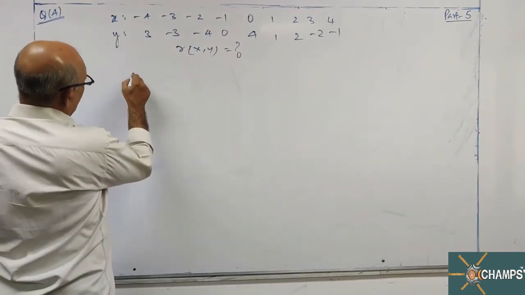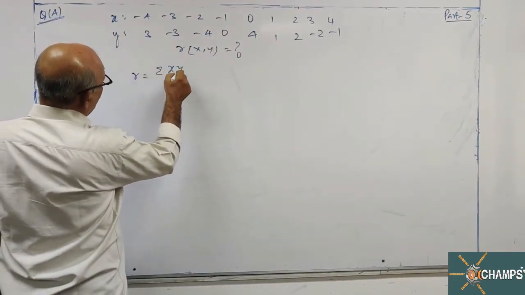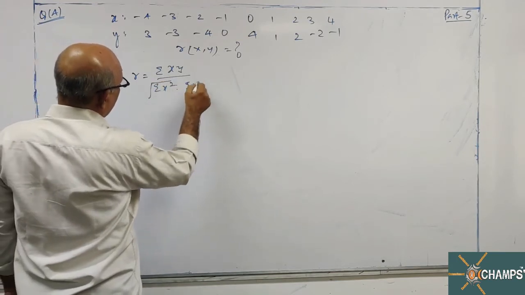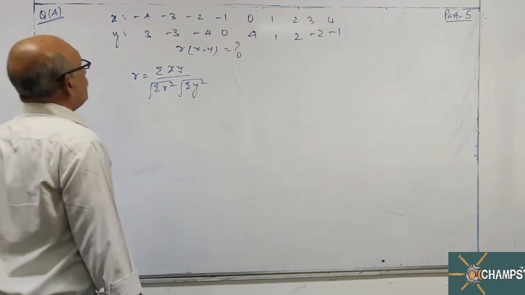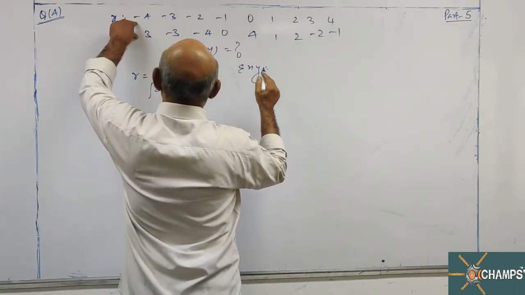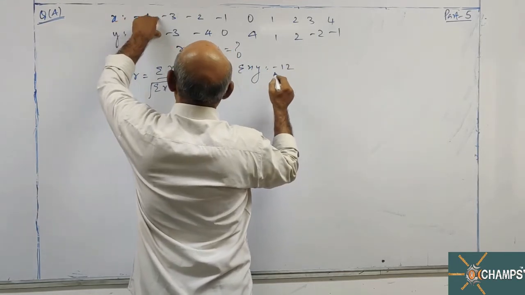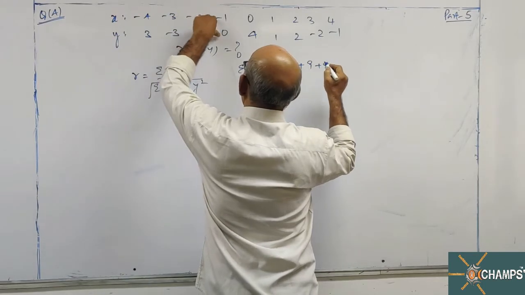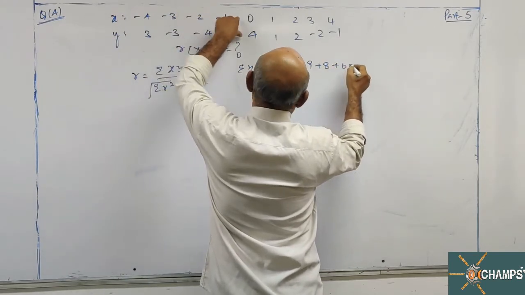Now sir, R is equal to summation of small xy by summation of x square under root into summation of y square under root. Let us see summation of xy. -4 into 3 is -12, plus 9, plus 8, 0 again 0.